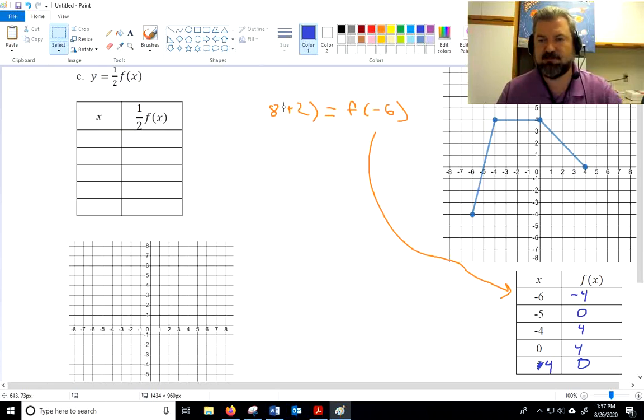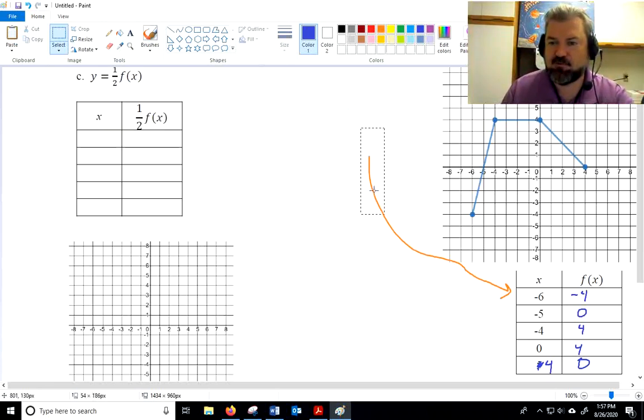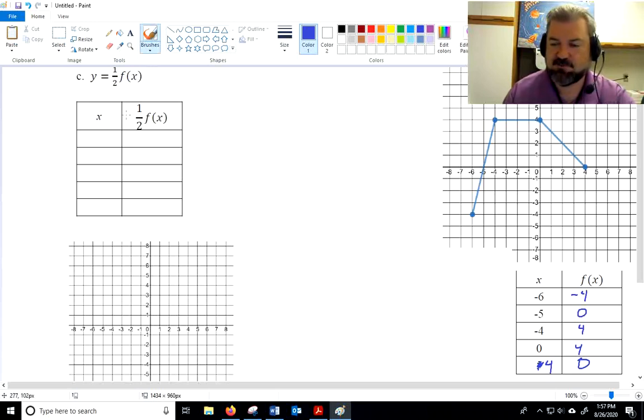Okay, for this one, you should have multiplied the outputs, multiplied the y by a half. So the x values here, the f of x on the inside is the same, so these are not going to change. We'll just leave the same ones here. And when I multiply the y coordinates by half, they're all going to get smaller.